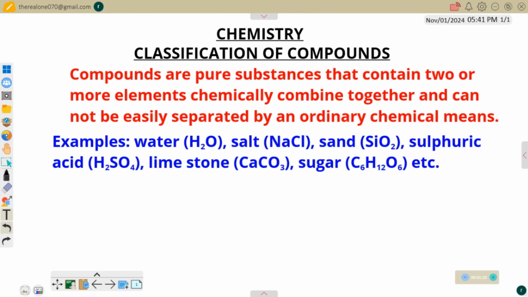We have many more compounds in our life that we cannot list them all. Before, we've talked about some properties of compounds.